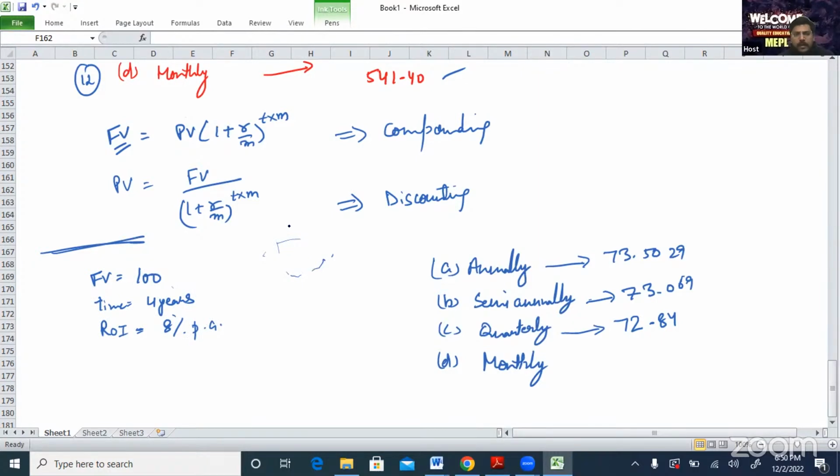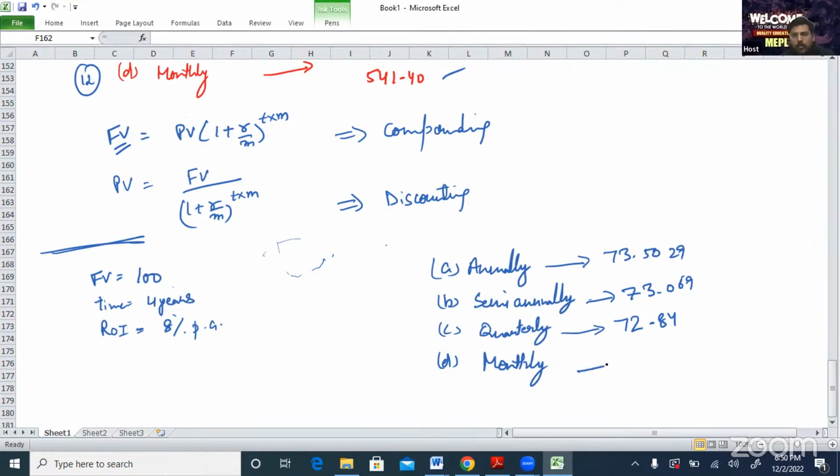So again, what is my N? Time is 4 into 12, so 48 is my N. Then 8 divided by 12 equals, it is coming 0.666667 like this. This becomes my I/Y. Then I put 100 as my future value, compute present value.